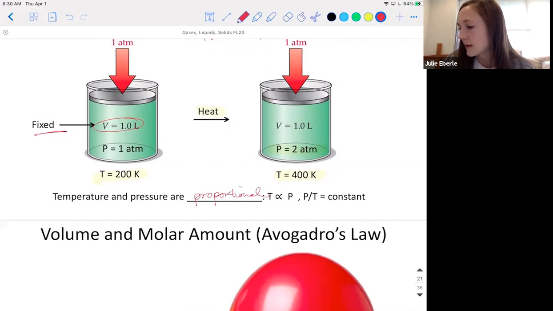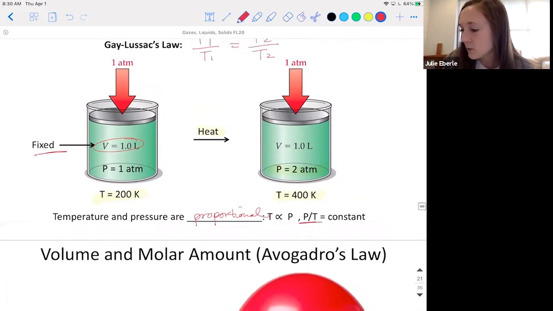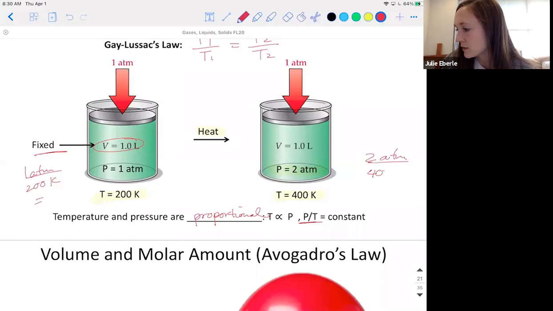And then you can check, is P divided by T a constant? I didn't even do this on the last slide, but we can always check. So 1 atm divided by 200 Kelvin, what number do you get there? Then come over on this side and do 2 atm divided by 400 Kelvin.